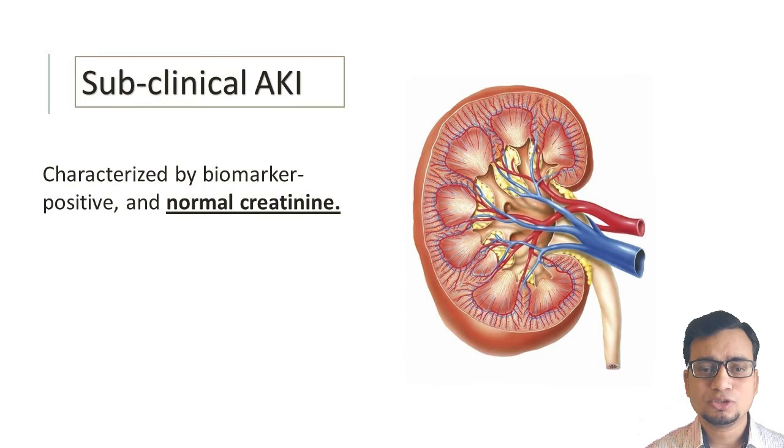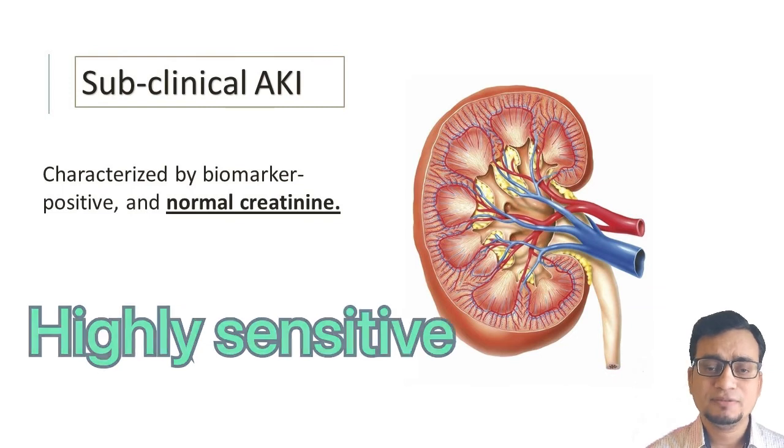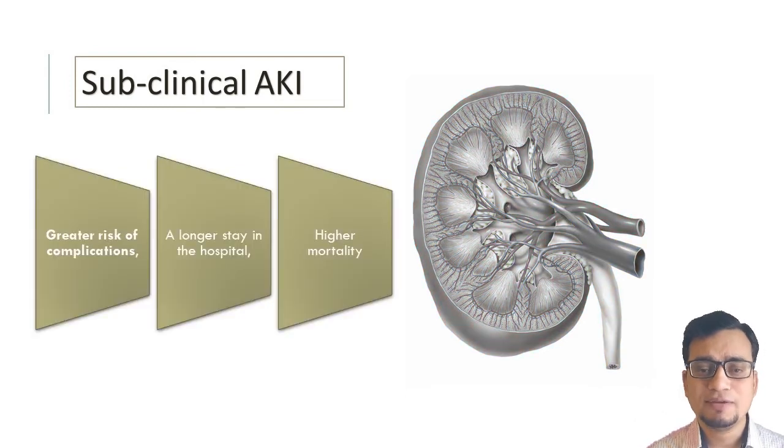These biomarkers are so sensitive that they can detect a subclinical AKI, which is characterized by biomarker positive and normal creatinine. So that's subclinical AKI. Studies have shown that such patients appear to have greater risk of complications, a longer stay in the hospital, and higher mortality compared to patients without a biomarker rise.